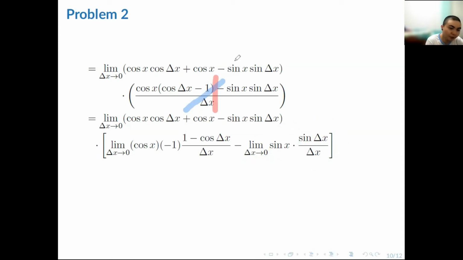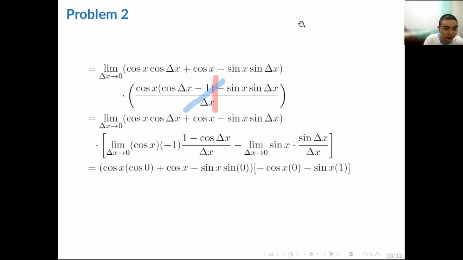Kung naalala ninyo, yung limit nito as delta x approaches 0 equals 0. Tapos yung limit naman nito as delta x approaches 0 is 1. Sana natatandaan nyo to sa module 1 ninyo, sa module on limits. So we can simplify this one. Ito yung hati niya.